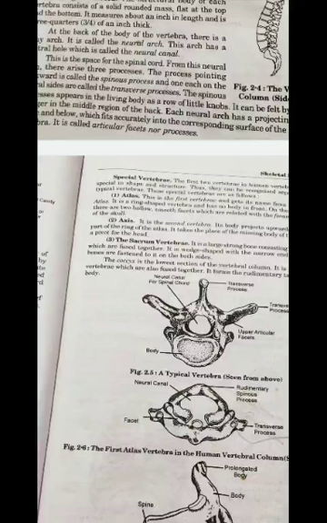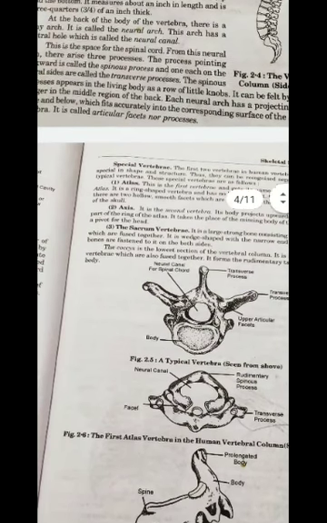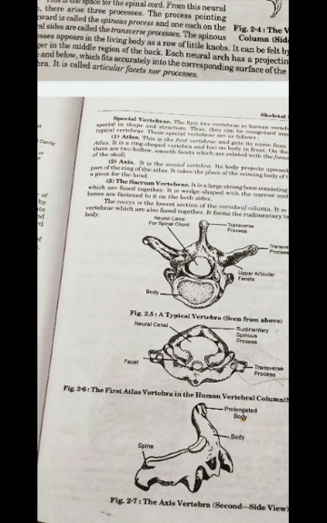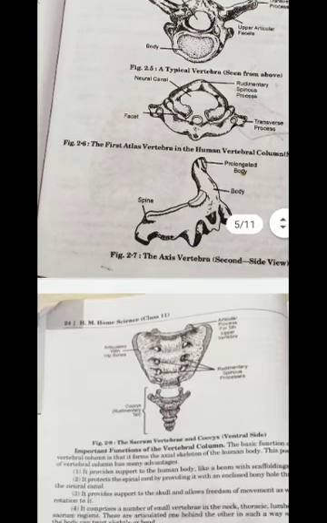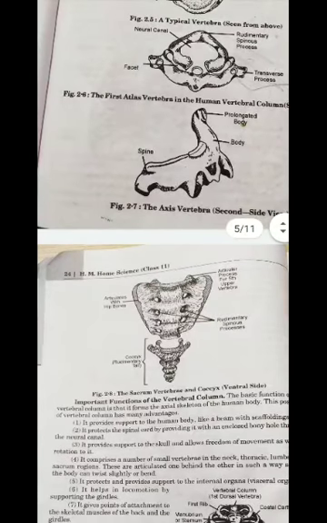The atlas and the human vertebral column can be seen in this picture. The axis vertebra side view is given in figure number 2.7. The sacrum vertebra is shown from the ventral side.